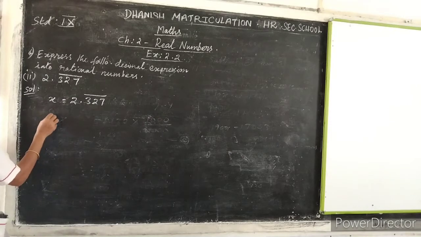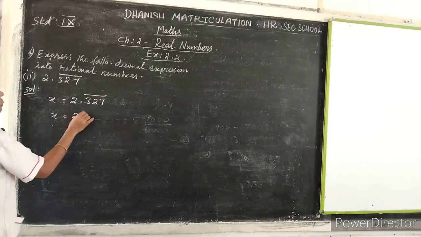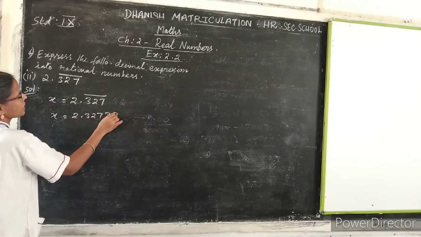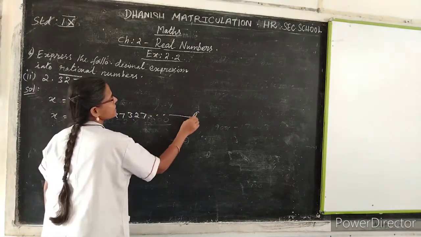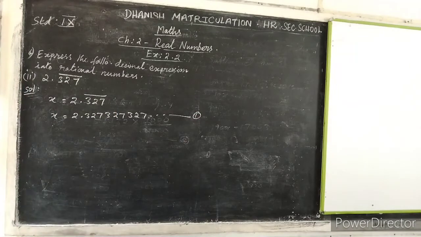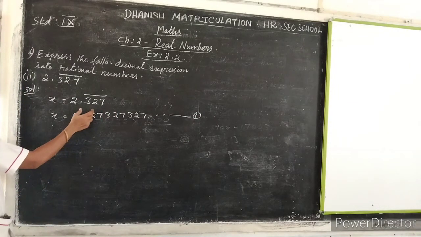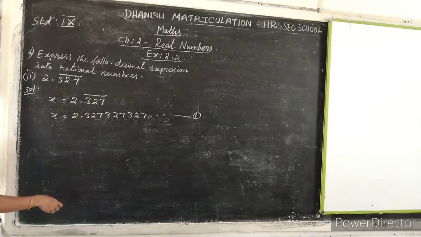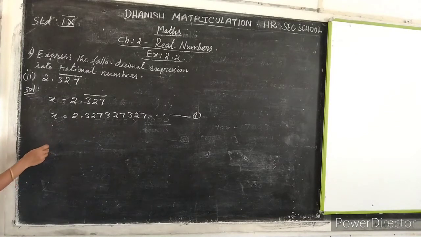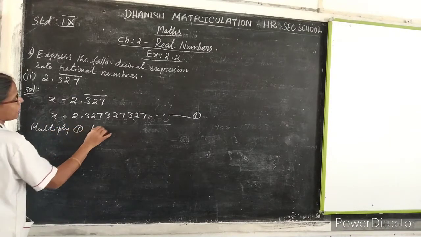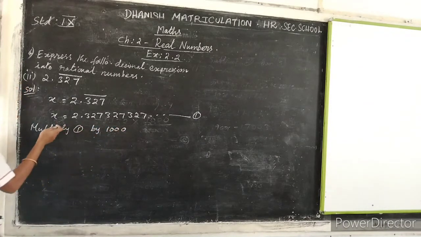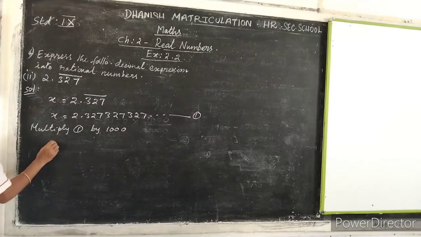So this can be written as x is equal to 2.327327327 etc. Let us take this as the first equation. Here the period of decimal is 3. Therefore multiply the first equation by 1000. So 1000 into x, 1000x.